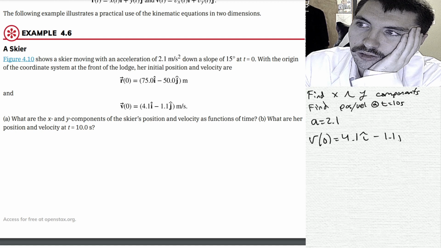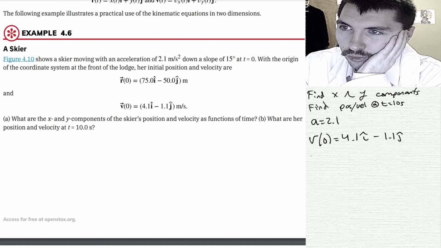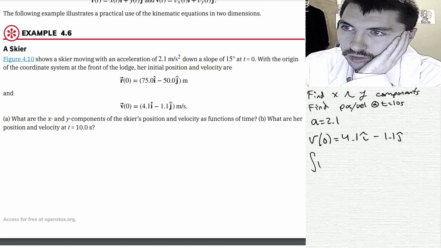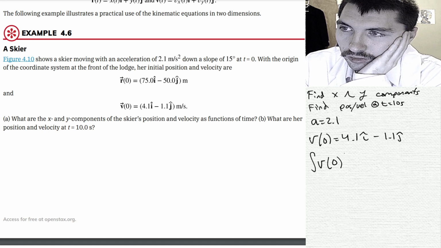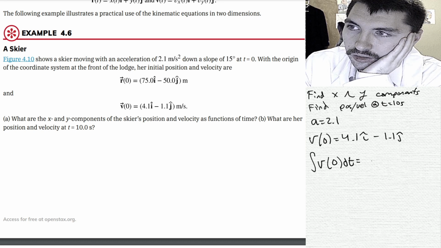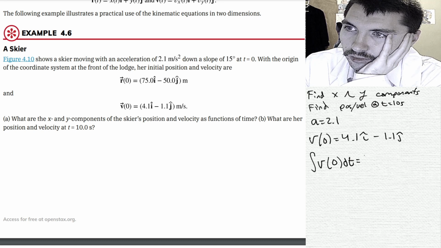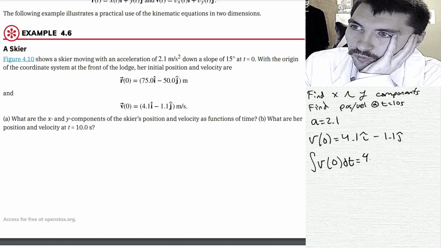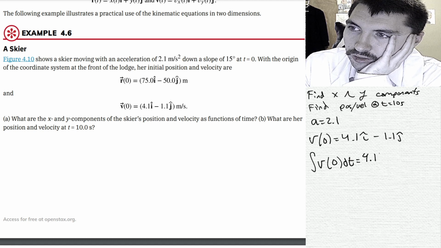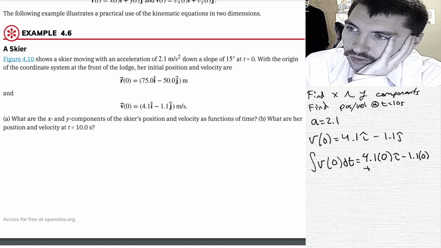Okay. So we know the integral of V naught dt is going to be 4.1 t, which is 0, minus 1.1 t, which is 0, plus a constant.